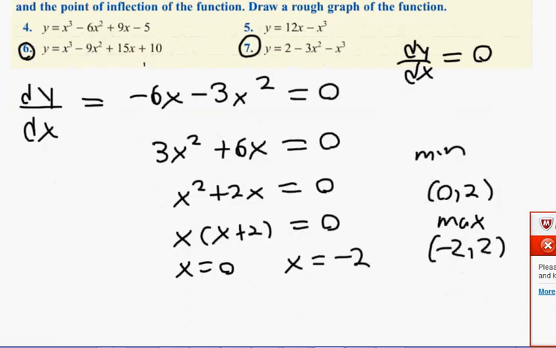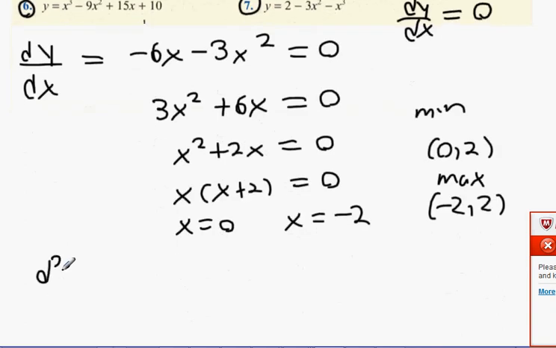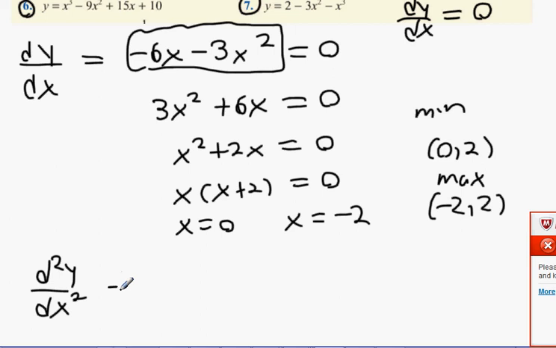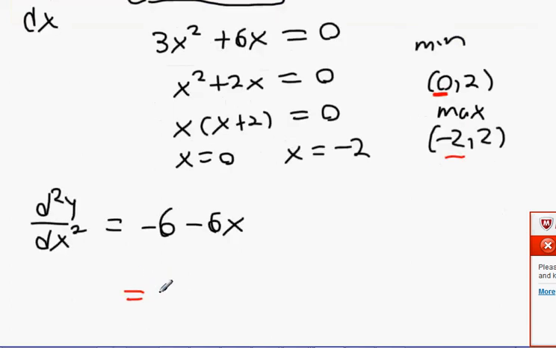We now have to prove it. What's the second derivative? Given that this part here is the first derivative, it's minus 6x. I have to replace x with 2 values. When I replace x with 0, I'm going to get minus 6 times 0, which is 0.